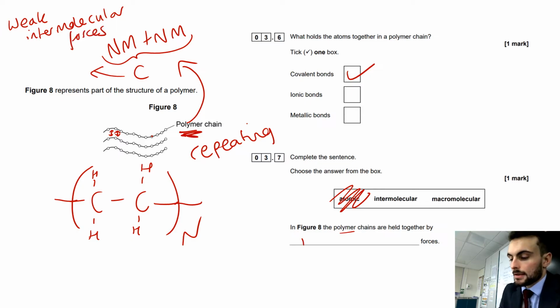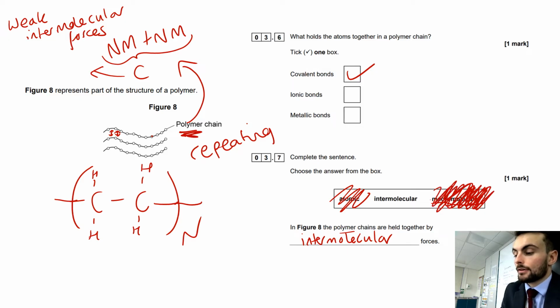So it's going to be intermolecular. And failing that, you should hopefully remember that whenever you're talking about anything to do with atoms, bonding and structure, this phrase macromolecular never comes up. That's never said in a lesson ever. So you should hopefully notice this one.